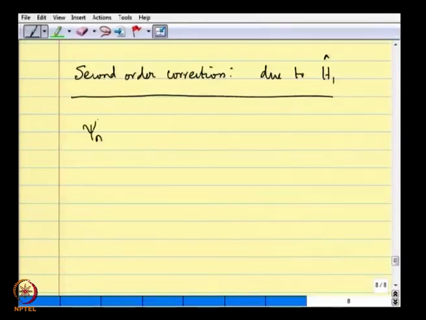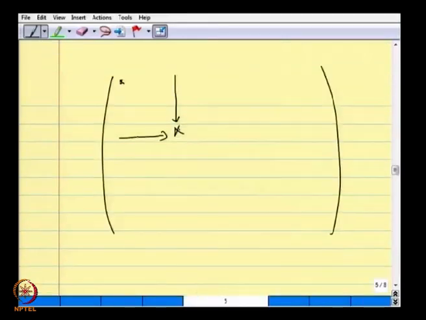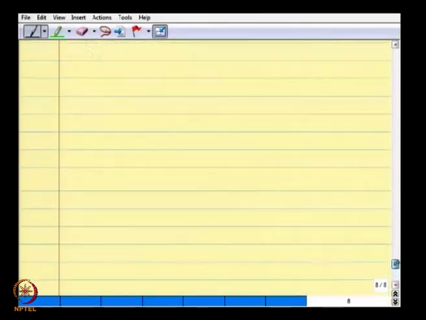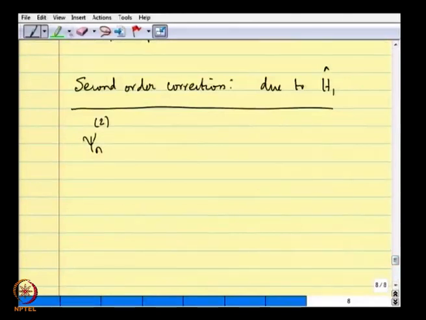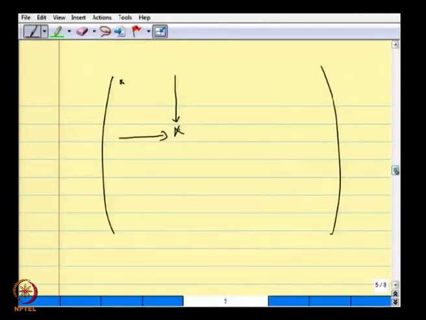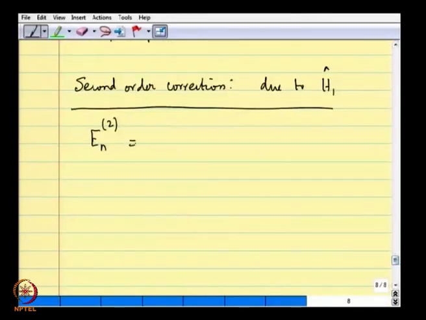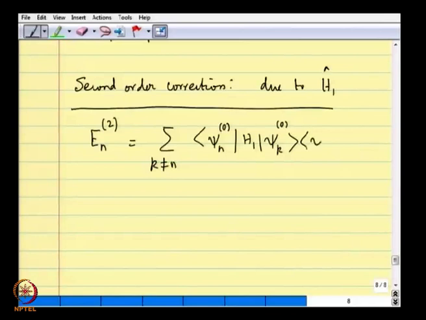The second order correction, if you recall this expression, the E n 2, the energy correction to second order, the formula all of you know is: sum over k not equal to n, of psi n 0 H1 psi k 0 times psi k 0 H1 psi n 0, over E n 0 minus E k 0.